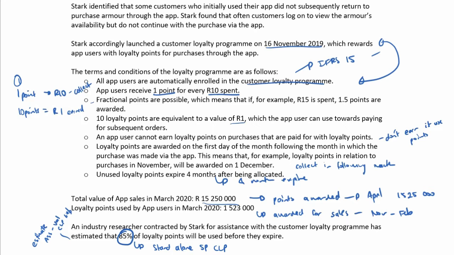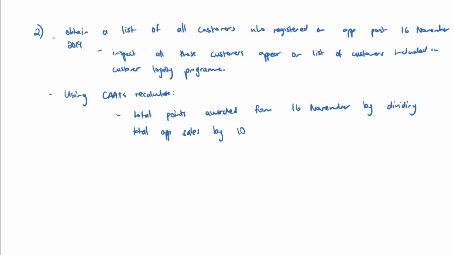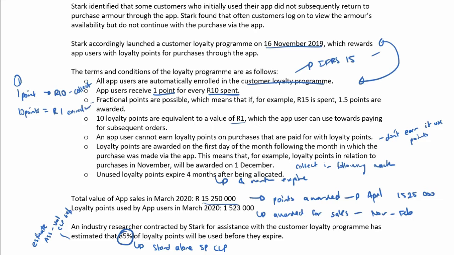So now I can go and do a calculation of the Rand amount of the points that have been earned to date. So the total Rand value of the points awarded by dividing the points above by 10. Okay, and I've now done the next calculation.